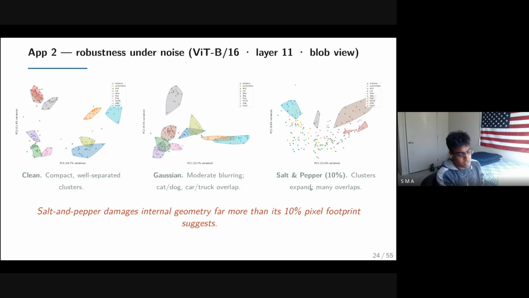But when you apply something like salt and pepper noise, there's nothing out here. You can see that the model just cannot classify things. The data points are all over, and it's only 10% salt and pepper, but still the model is not able to represent the data points really well on the high dimensional manifold.